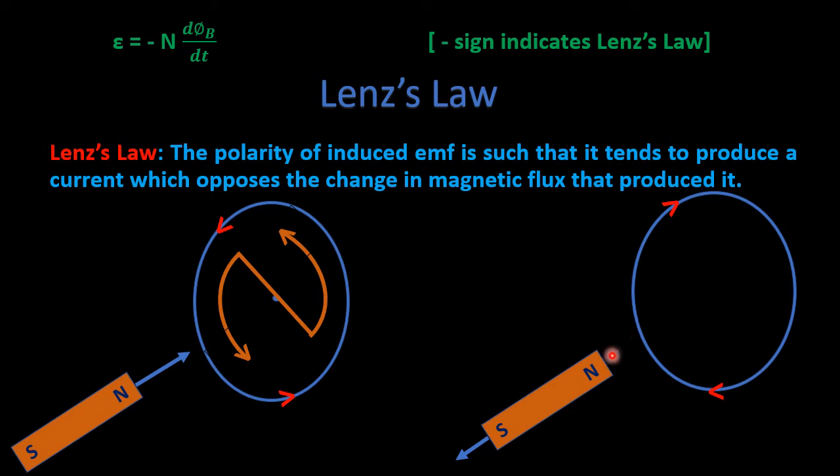The north pole of the bar magnet and the south pole of the magnetic moment produced due to the current flowing through the coil will result in an attractive force which opposes the motion of the magnet and the corresponding decrease in flux. We write S within the coil in order to represent the south polarity which is facing towards the receding north pole of the bar magnet, and it also gives the direction of the induced current in the coil. So this is all about the Lenz's law.